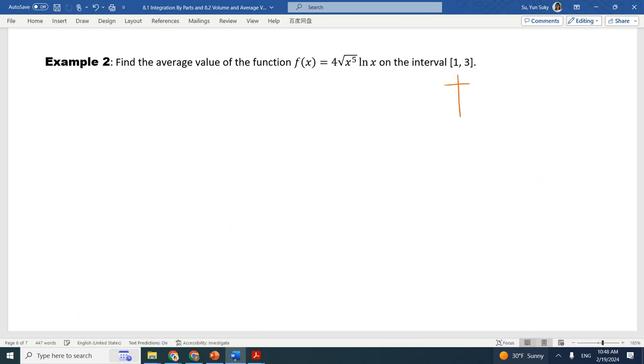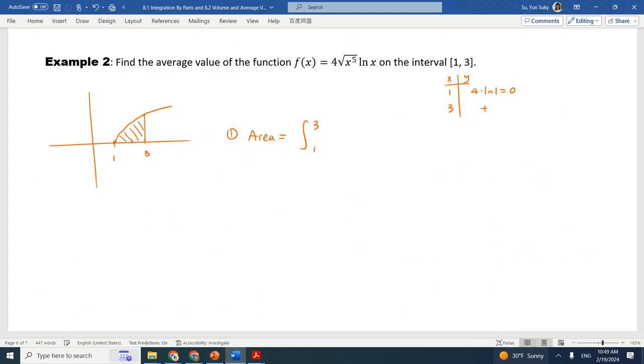So if you plug in 1, do you know ln of 1 is 0? So it's 4 times ln 1, which is 0. If you plug in 3, it would be some positive number. So the picture looks like that, and you want to find this area. What's the area?